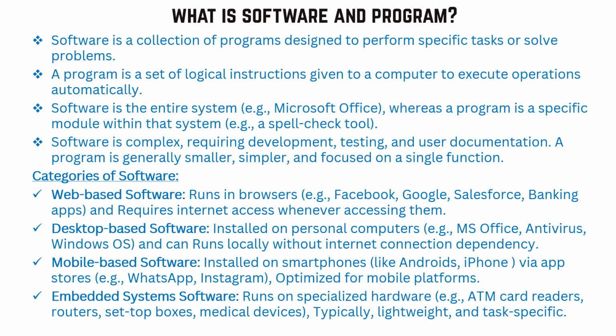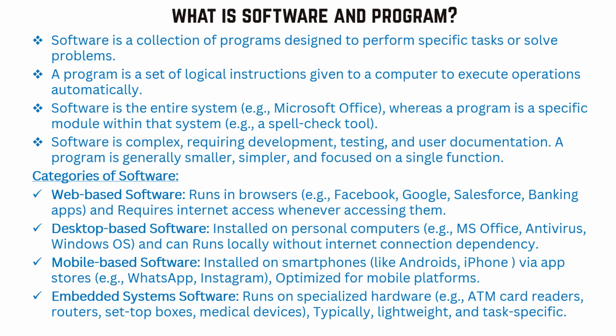Nowadays most of us are using different Android phones and iPhones, where we can install different software via the app store, like Instagram and WhatsApp, right? And different other systems are also installed as mobile apps. It is primarily optimized for the mobile platform.